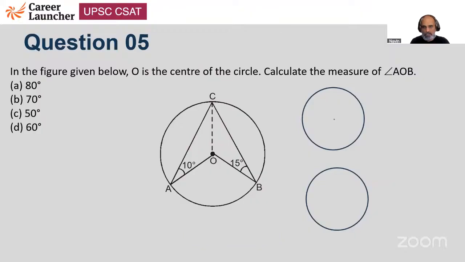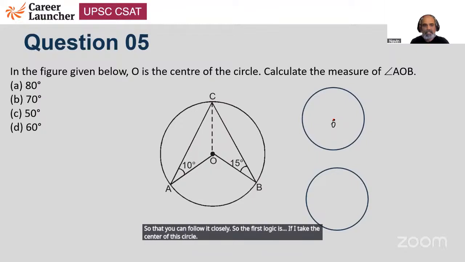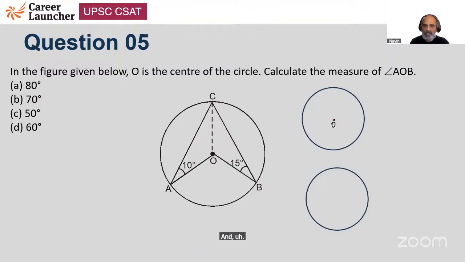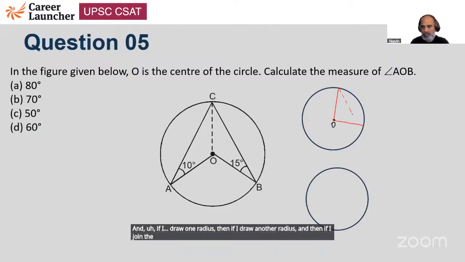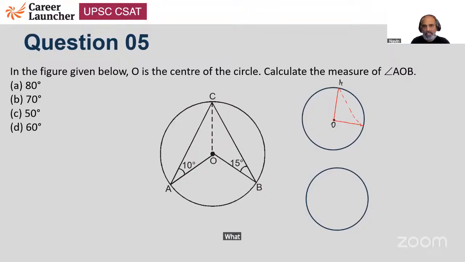So the first logic is, if I take the center of the circle and if I draw one radius, then if I draw another radius, and then if I join the endpoints of those radii, what kind of triangle do I get? What kind of triangle is OAB?